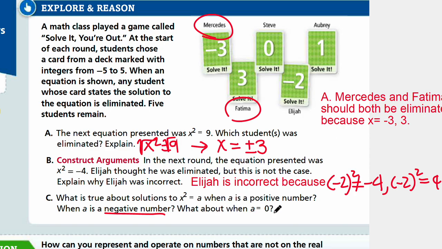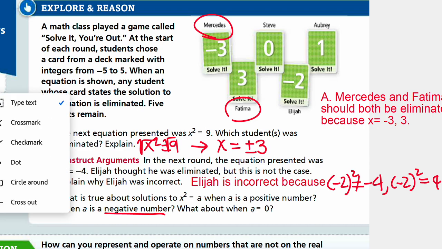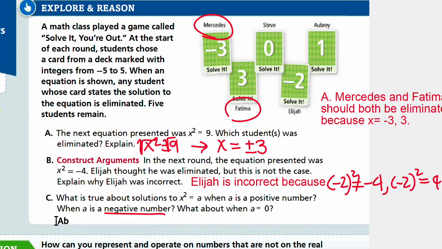What about when a is equal to 0? x has to be 0, right? There's only one number, which is 0, that makes the square true. So we have 3 different scenarios here. Let's summarize and write it down.